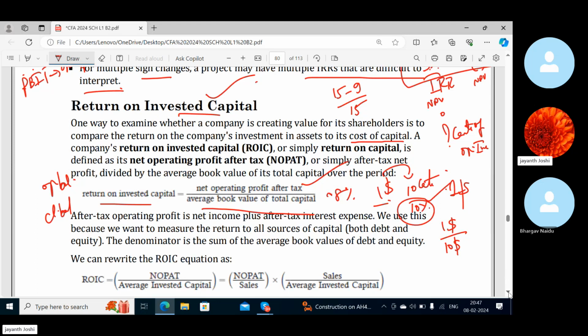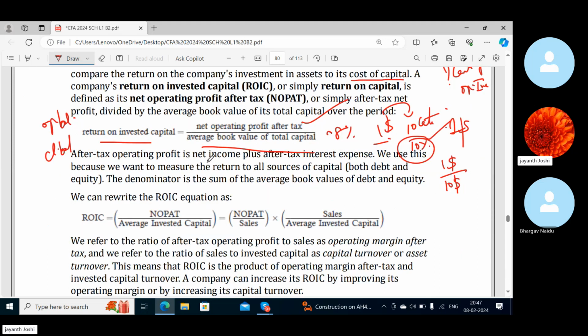And after tax operating profit is net income plus after tax interest expense. So I have PBT, profit before tax. Net income, I am removing the taxes, I am getting PAT.